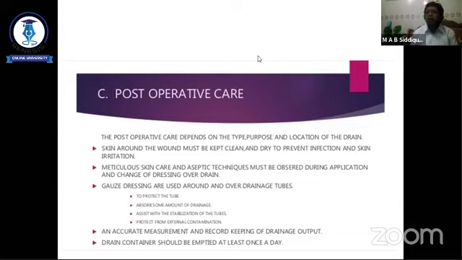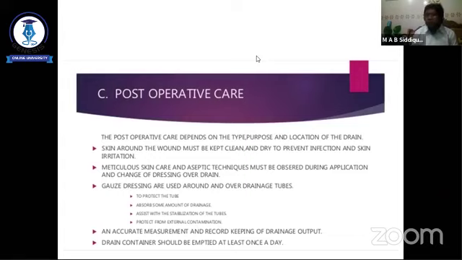In some cases, like following intestinal anastomosis, we usually remove the drain after oral feeding of the patient. It also depends upon the collection. When the collection is decreasing and is less than 25 ml, and it is serous peritoneal fluid, then we remove the drain.